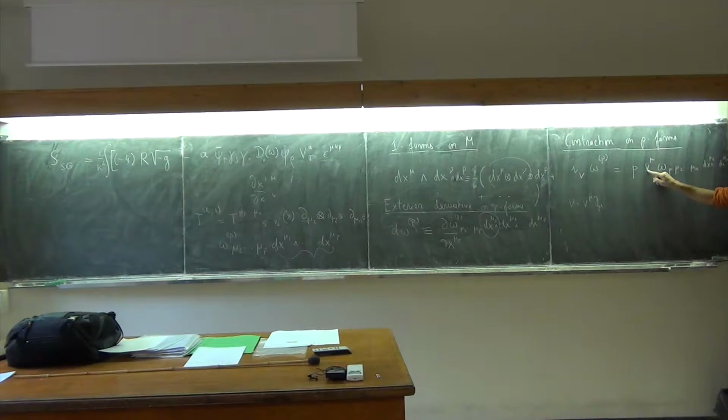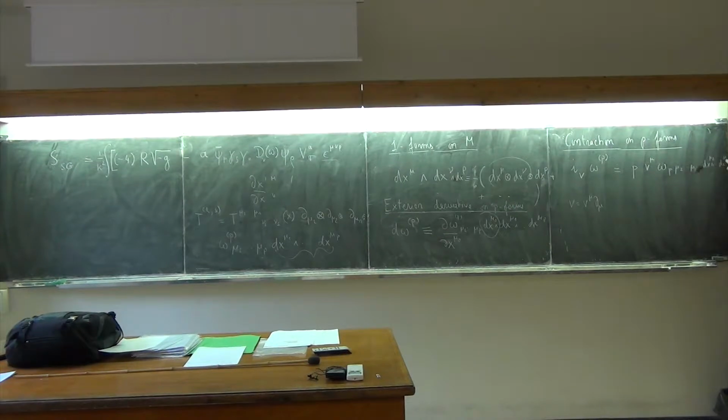Sorry? The indices should be till mu p, because you have a p form.